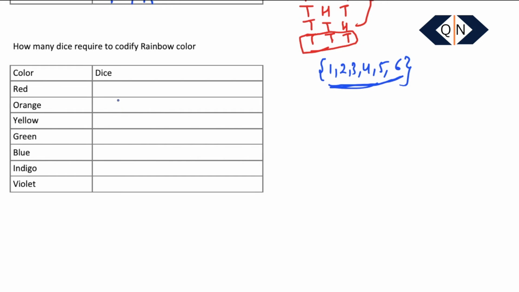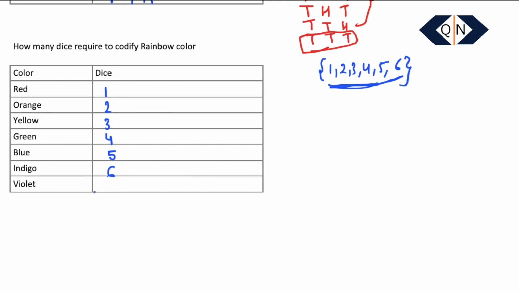Suppose I start rolling the dice and I get 1, then I will say red color. If I get 2, then orange. If 3, then yellow. If 4, then green. If 5, then blue. If 6, then indigo.